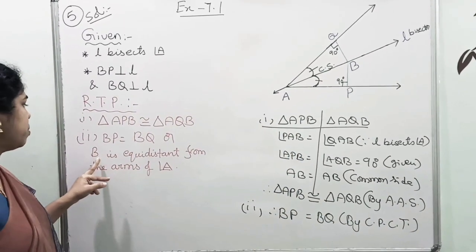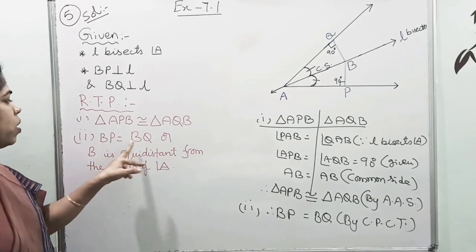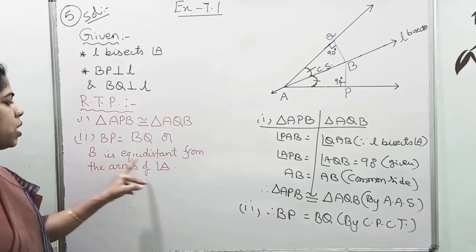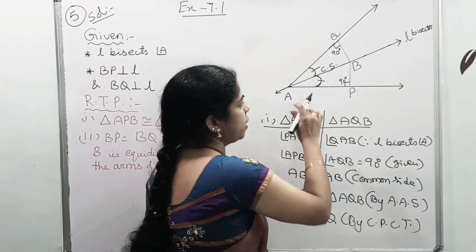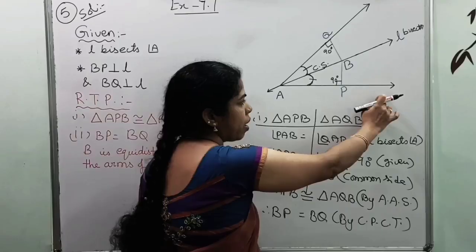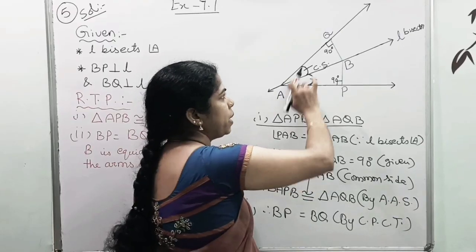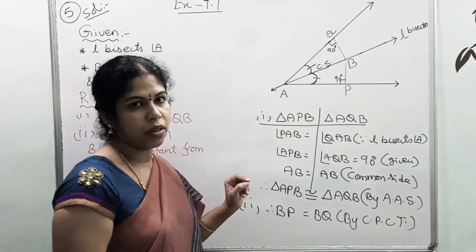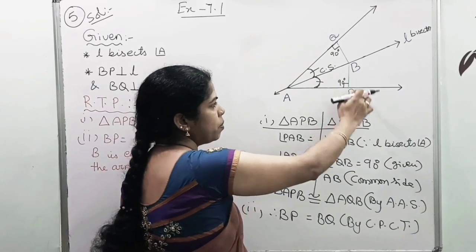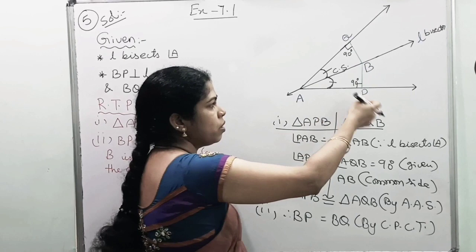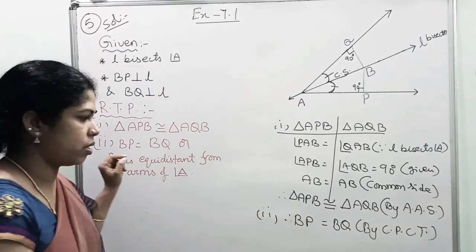And also they mentioned BP equal to BQ, or B is equidistant from the arms of angle A. What are the arms of angle A? These rays. The rays which are forming angle A are arms. Arms or legs we call them. So since BP is equal to BQ, they will be at an equal distance.